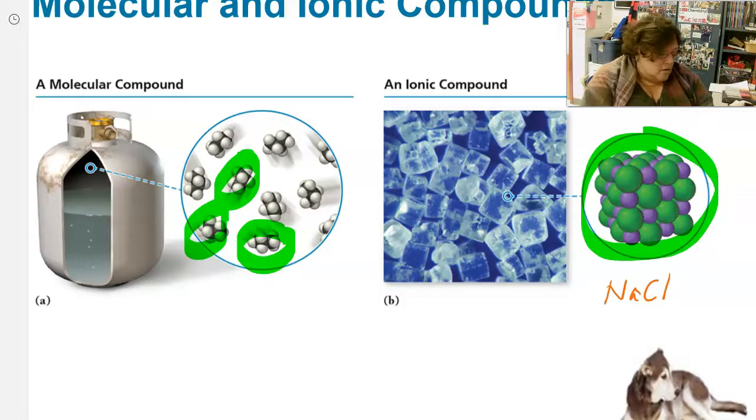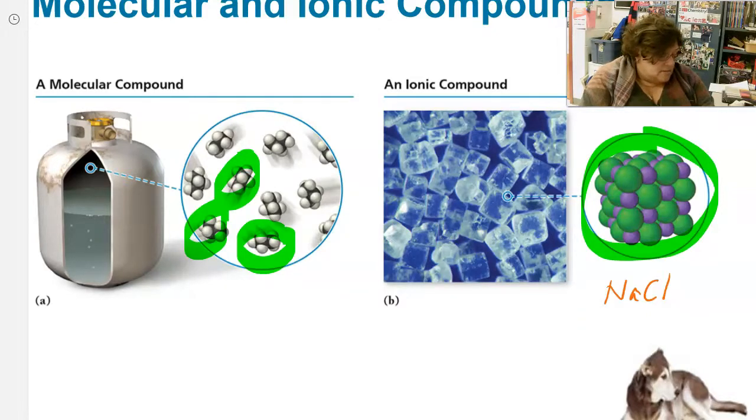But here we would have to go through and count the number of white atoms, which happen to be hydrogen atoms, and the number of black balls, which are the carbons.